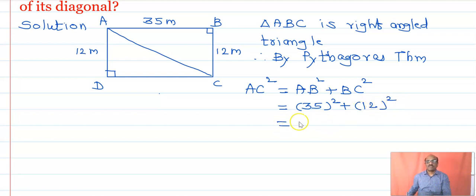And what is the square of 35? That is 25 by the method of 5 square, then 3 into 4 is 12, and 1225 plus 144. If we add it, what will we get? That is 1369.